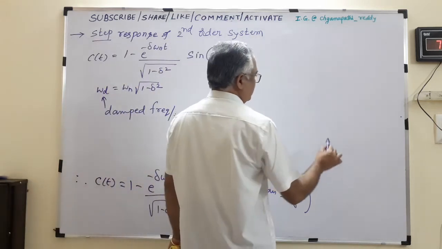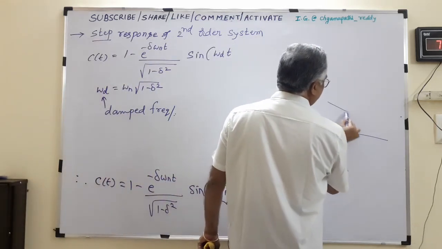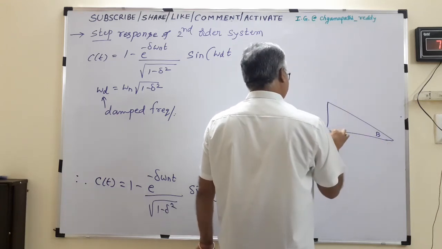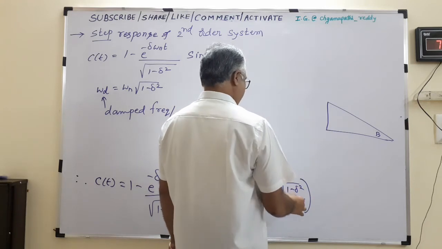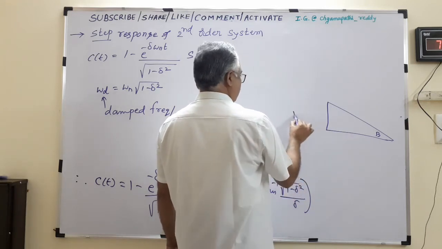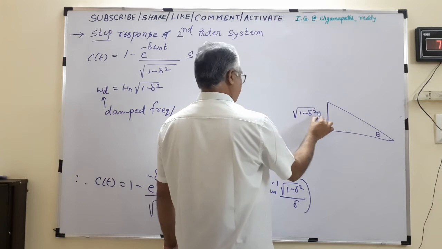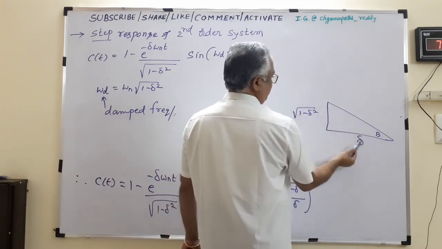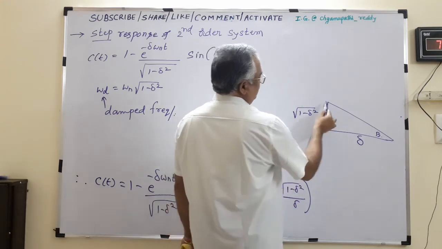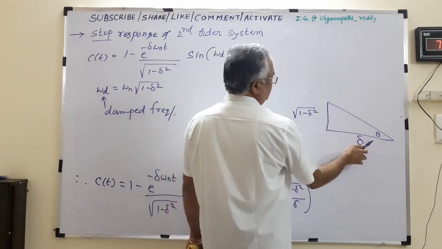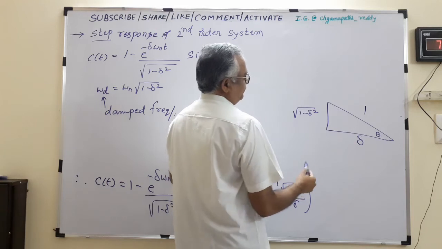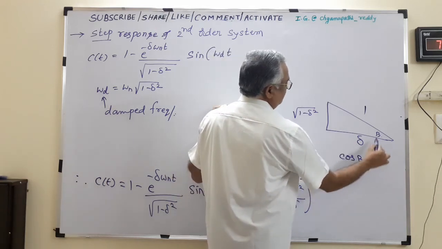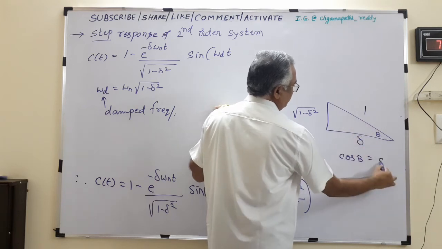Plus, if this is b, what is tan b we got? This is 1 minus delta square, this is delta. Tan b is opposite by adjacent. Then if you find root of this square plus this square, you will get 1. Then what is cos b here? Cos b is this by this, delta.